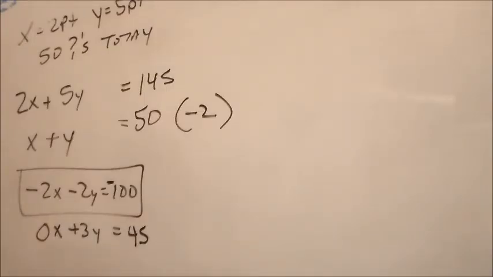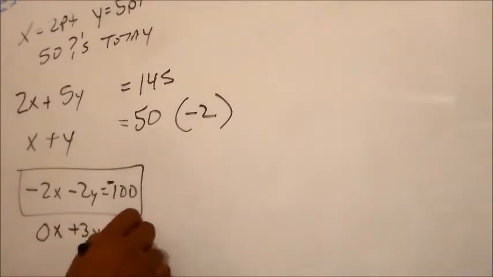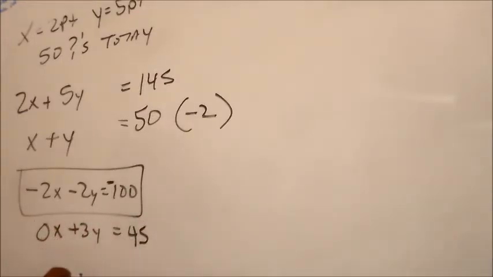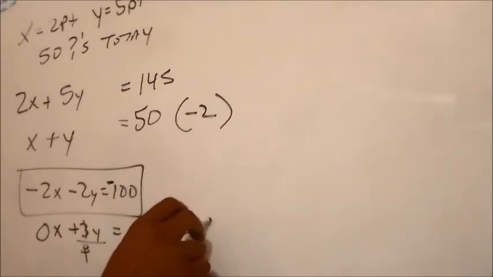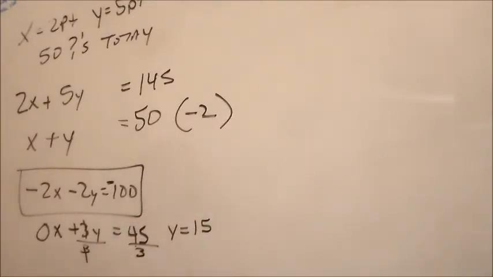Okay. And I could see why if I divide both sides by 3 in this equation, knowing that we are running out of real estate, or getting pretty close, then these two cancel out and y is going to be equal to 15.